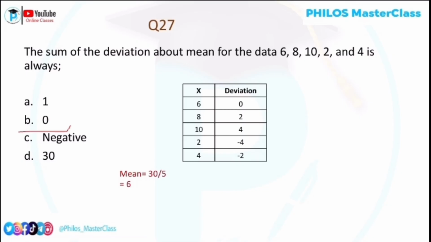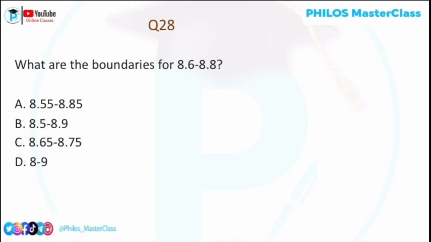Don't worry yourself doing any calculation. The answer is 0. They are asking for the sum of deviation. This is the key word. Deviation about the mean. So the sum of deviation about the mean is 0. Okay. So let's proceed to the next question. This question says, what are the boundaries for 8.6 to 8.8?